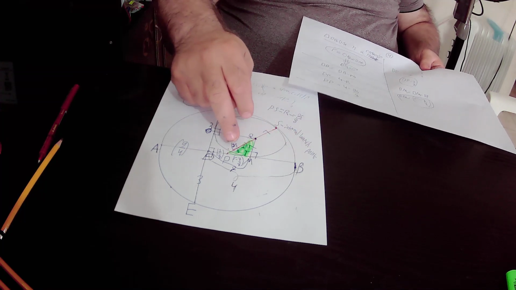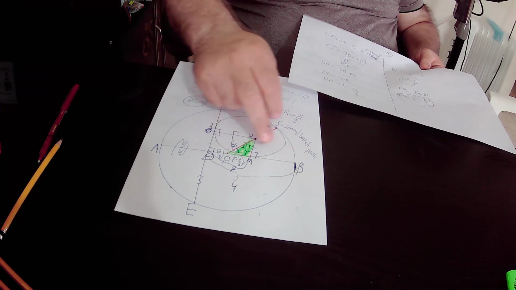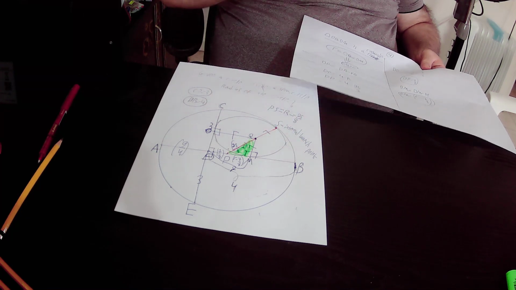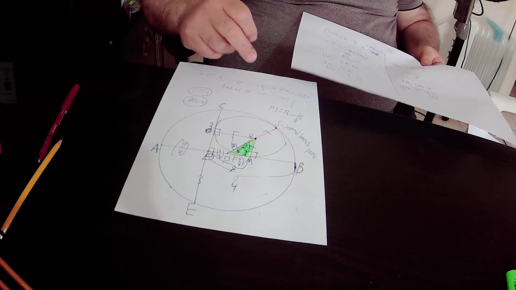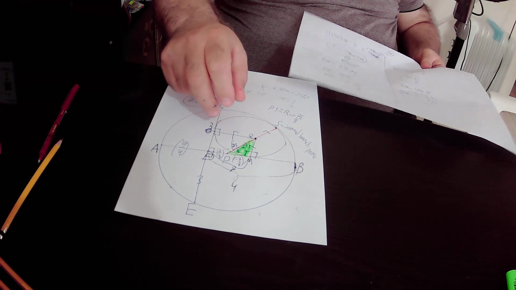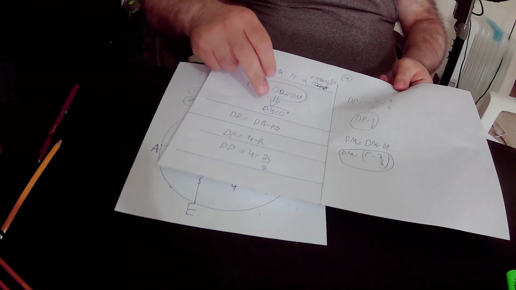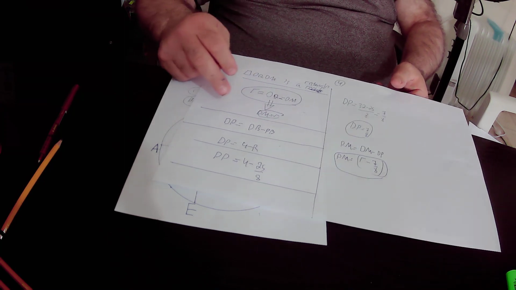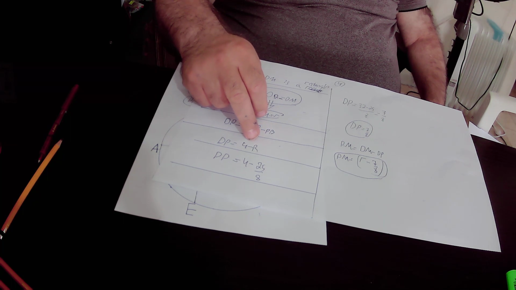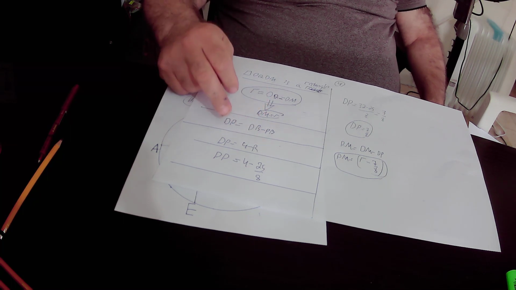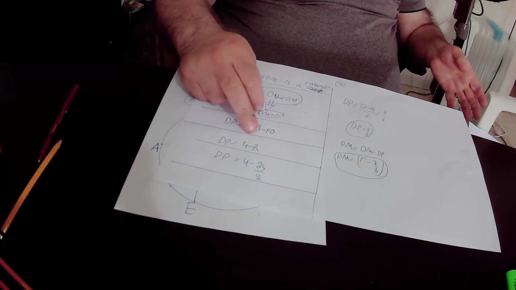P is the center of the big circle, and B is a point on this big circle itself. So PB is exactly the definition of a radius. So in conclusion, DP equals DB minus PB, that is 4 minus PB, the radius of the big circle, which is capital R. So DP equals 4 minus capital R.